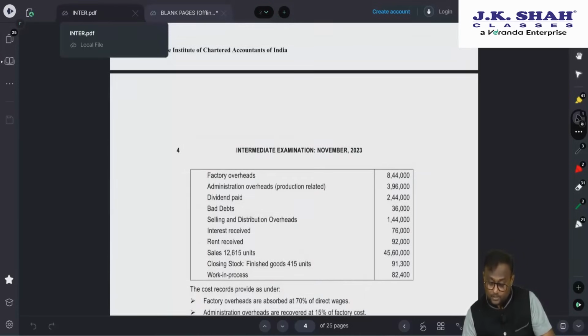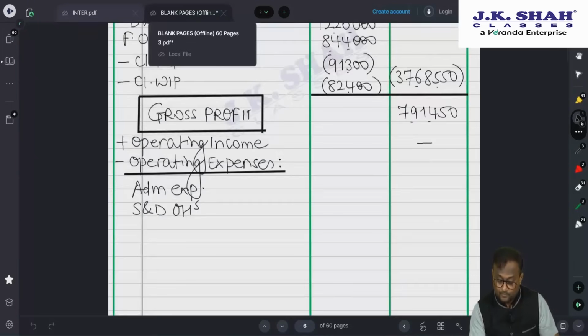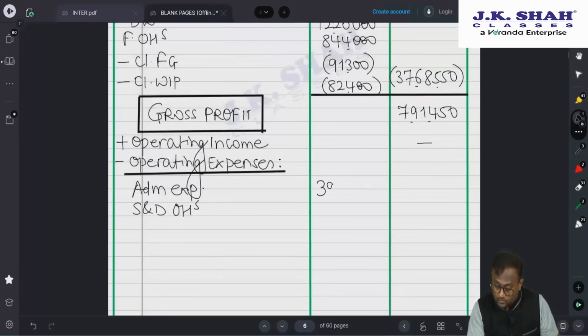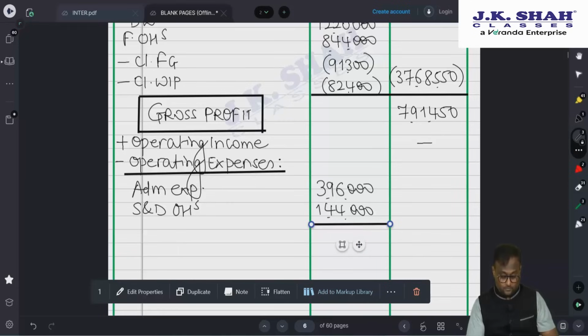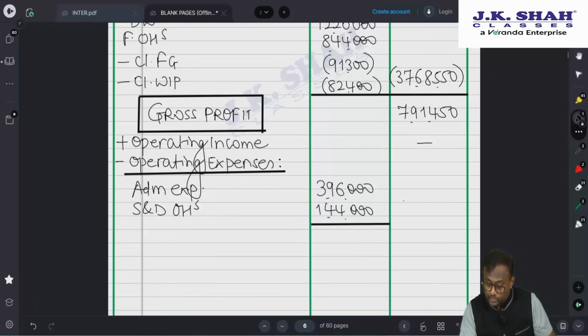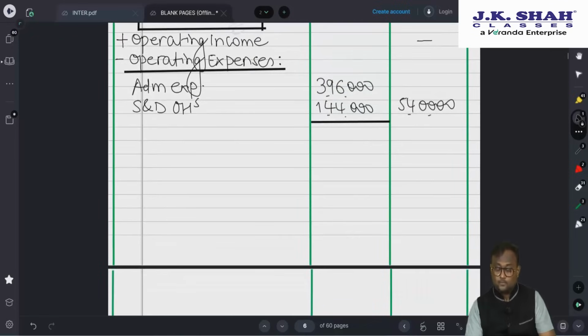Admin 396,144. So 5,40,000 will be your operating expenses to be subtracted.